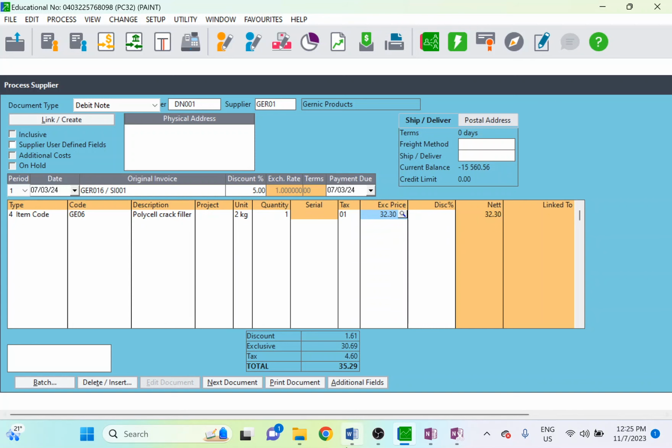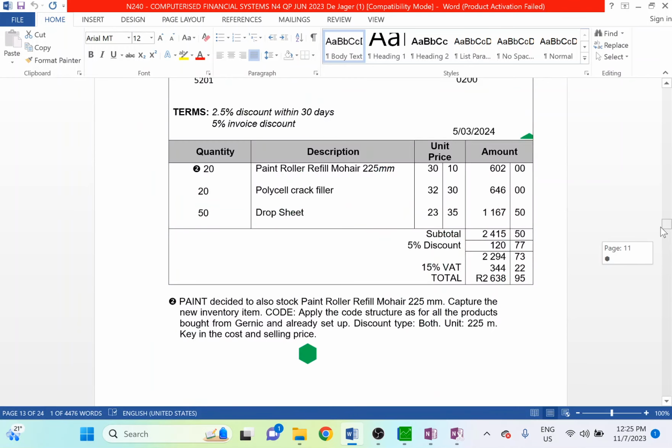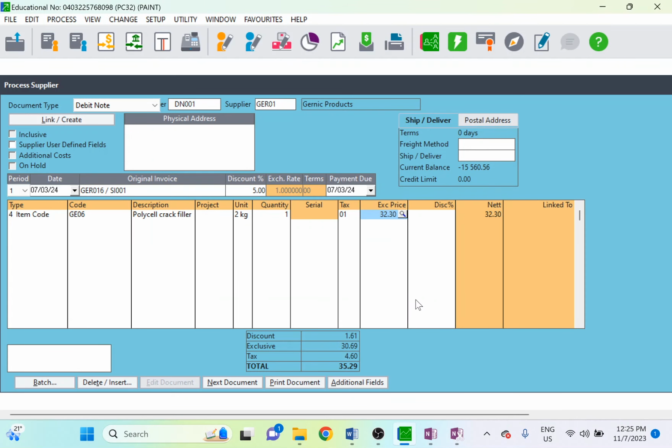And then we bought the item originally for 32 rand 30 cents, so no need to change the price. And then we go to line number 2. Line number 2, we're going to have the remark. Why are we returning the item? Because the bag broken.